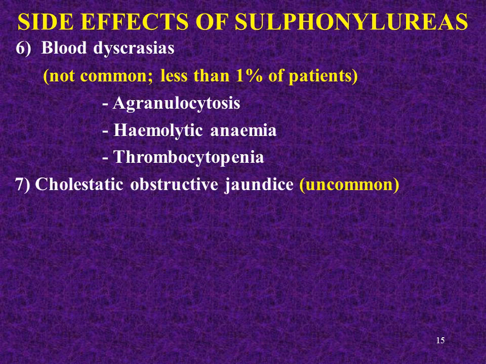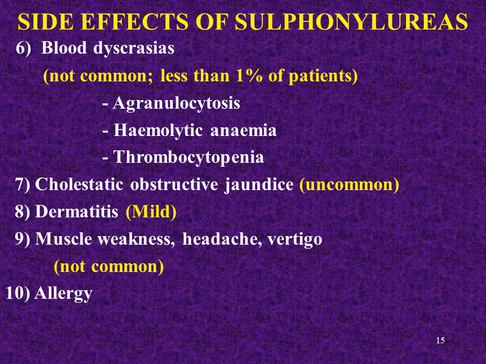Then cholestatic obstructive jaundice is also seen with sulfonylureas, although it's an uncommon effect. Then dermatitis, which is mild, and muscle weakness, headache, vertigo, and allergy. Regarding allergic reactions, you have to remember that these drugs are sulfur derivatives. So if a person is allergic to any sulfur compounds, he would be allergic to other sulfur drugs as well.